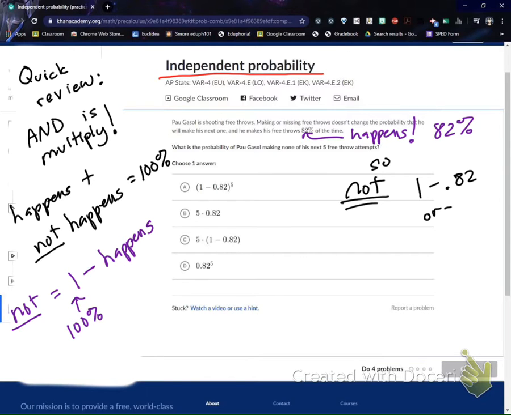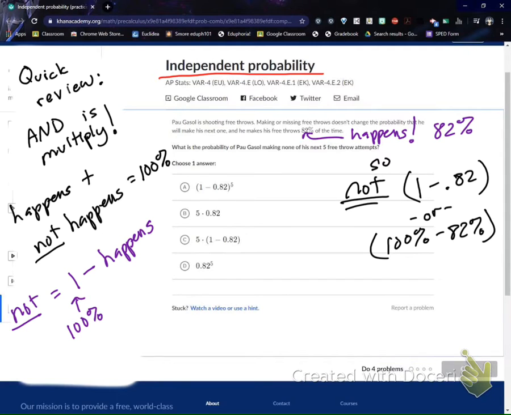This could also be represented as 100% taking away the 82% that he made it. So the chance that something does not happen is 1 minus 0.82, or 100% minus the 82%. So if the chance that he makes it is 82, the chance that he does not make it is 1 take away the 82. So it's whatever space is left in that 100% after we take away the percentage that he would make.